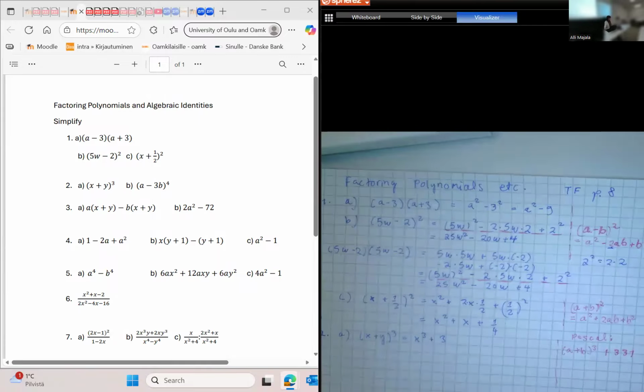Okay, maybe it's better to write this open first in this way. What this would mean is a to the power of 3 plus 3a to the power of 2 b plus 3ab to the power of 2 plus still b to the power of 3. That is what this means there.